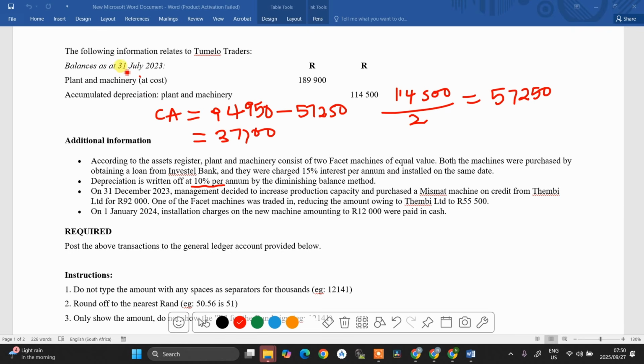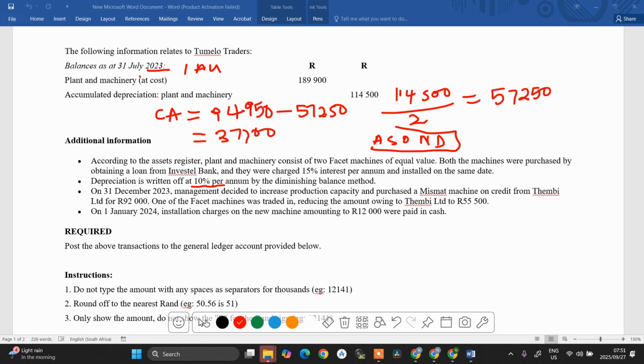The starting of the new financial year has to be 1 August, okay, 2023, okay, and this machine was traded in at 31 December in the same year. So you need to calculate August, September, October, November, and December, since it was used the whole of December.